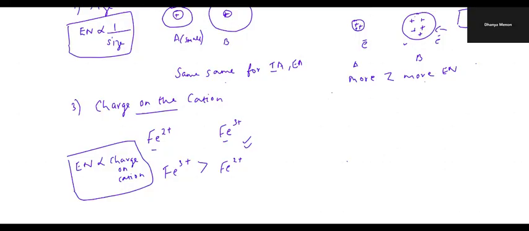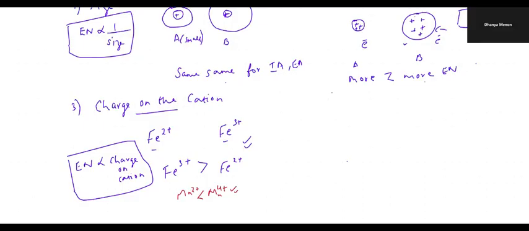Then another example, Mn2+ or Mn4+. Obviously Mn2+ will have lesser electronegativity than Mn4+, right? Because Mn4+ is deficient of electrons, right?